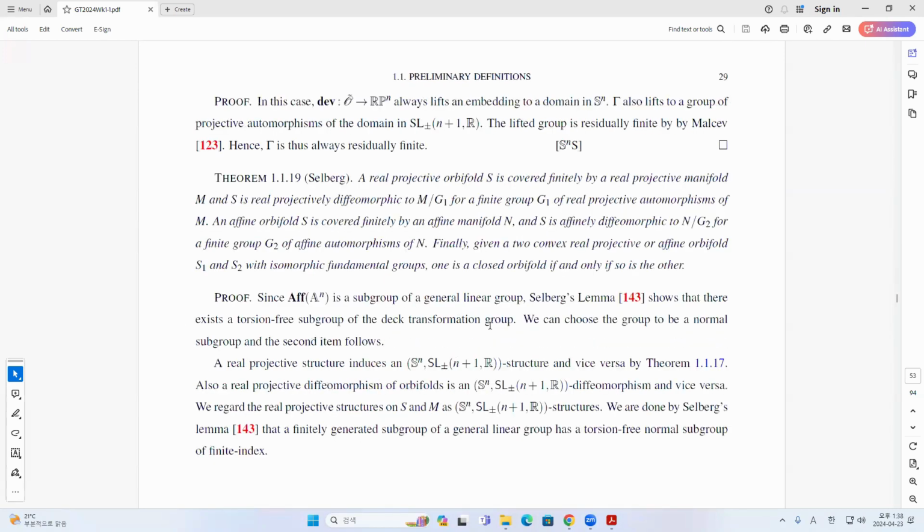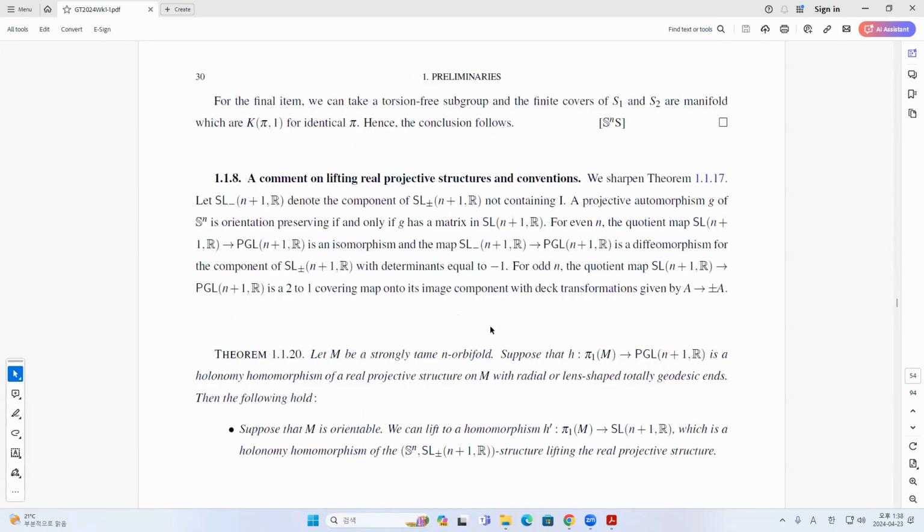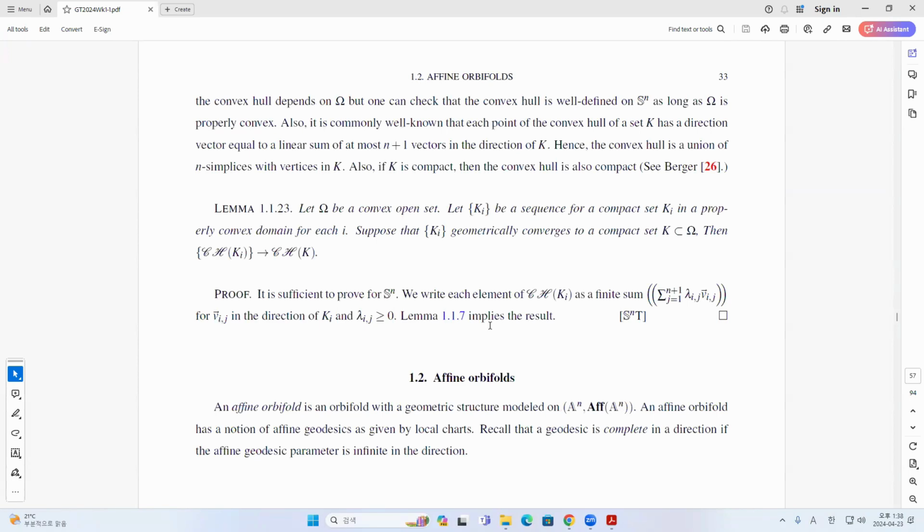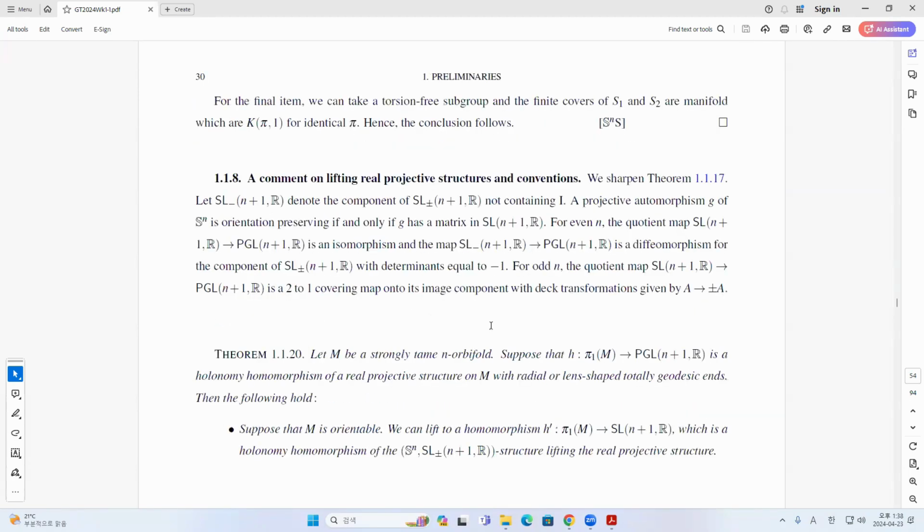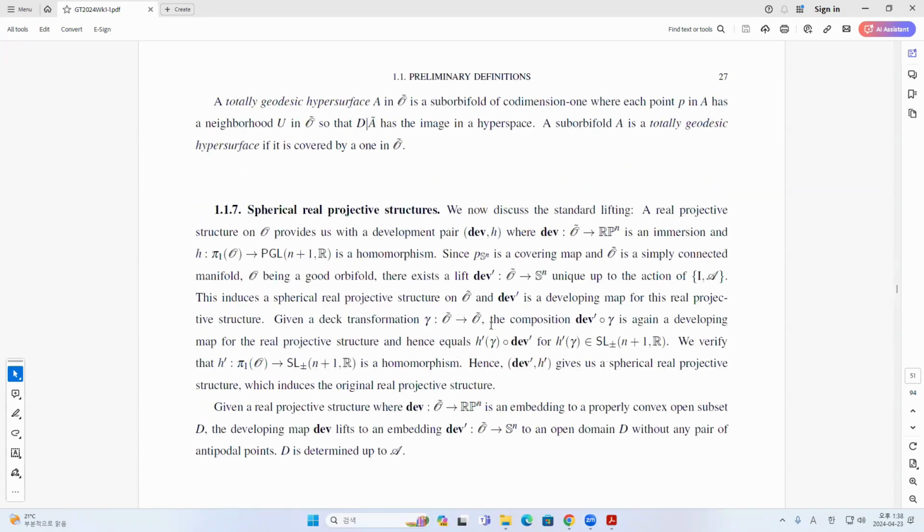And we want to do spherical structures. For a spherical structure, instead of developing to RP^n, you can always lift to S^n, because O tilde is a simply connected manifold, and under the covering map you can always lift. This lift is unique up to the antipodal map.